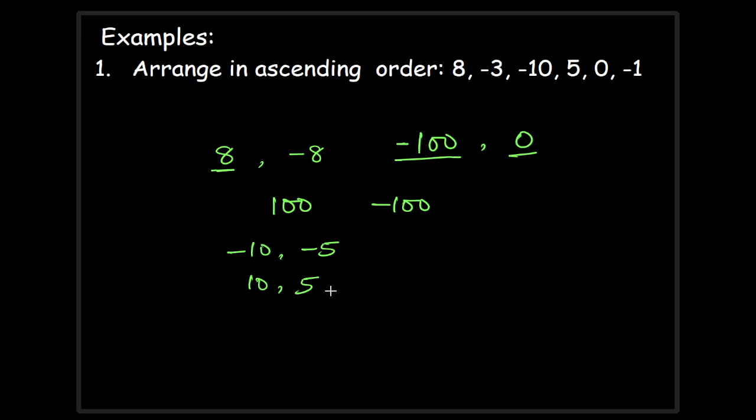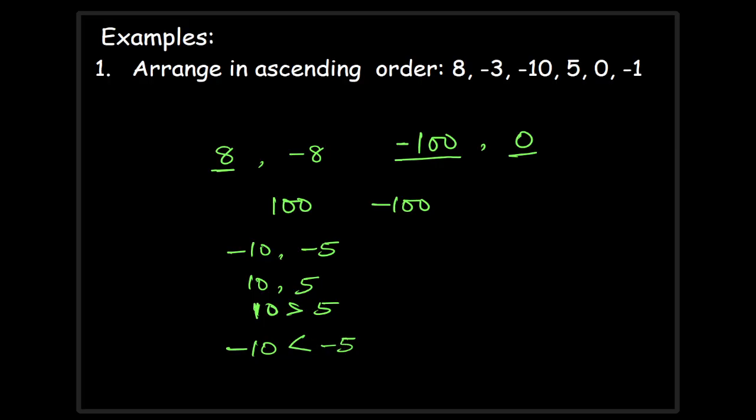Let me start with the positive numbers. Normally we say 10 is greater than 5. We can agree that 10 is greater than 5. But when we have minus 10 and minus 5, in the negative number aspect, we say minus 10 is less than minus 5.